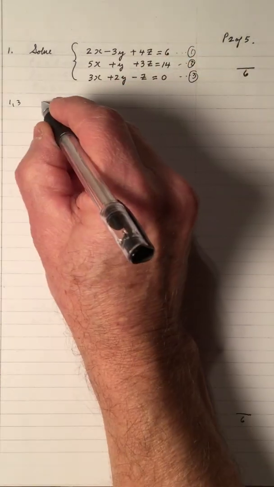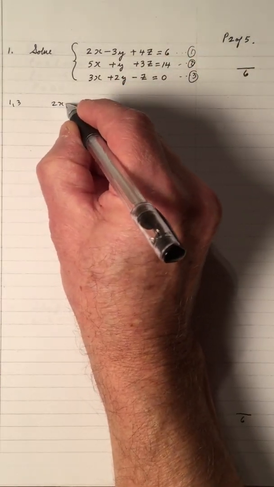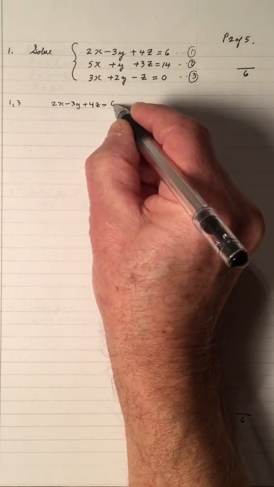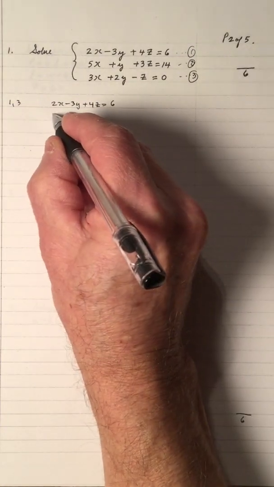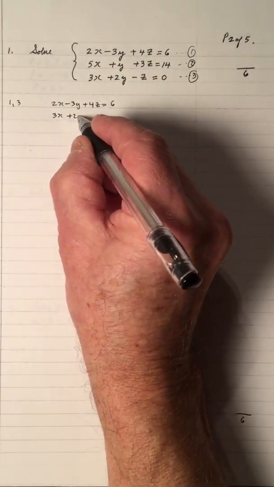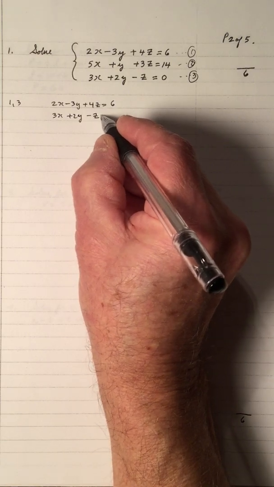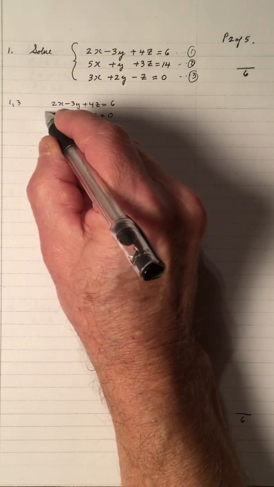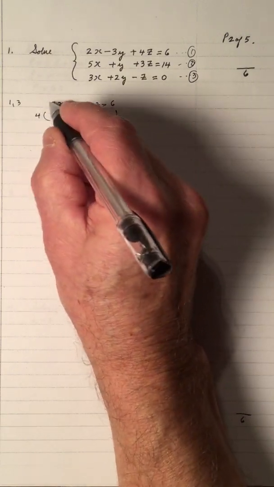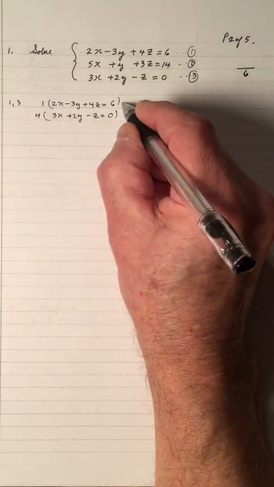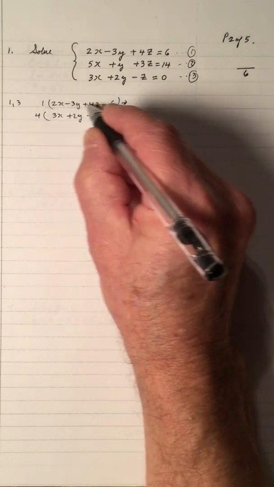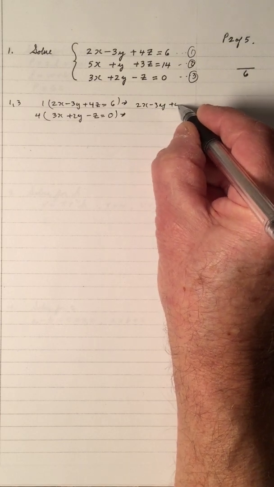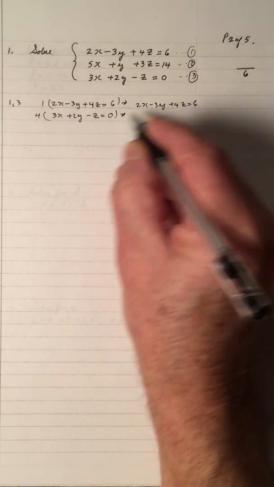So let's write down equation 1, which is 2x minus 3y plus 4z equals 6. Equation 3 is 3x plus 2y minus z equals 0. So if I take this equation and multiply it by 4 and multiply this one by 1, 1 times this won't change it, so 2x minus 3y plus 4z equals 6.